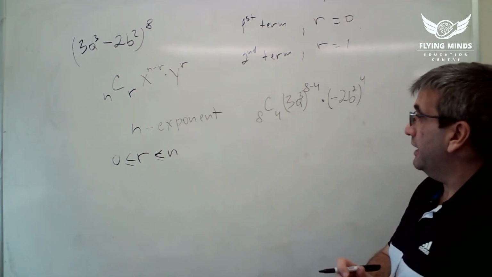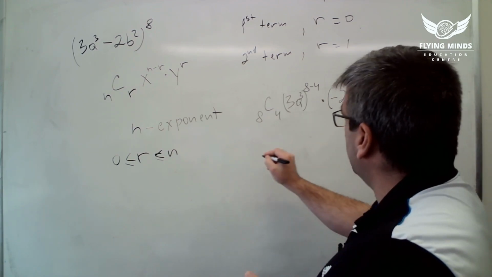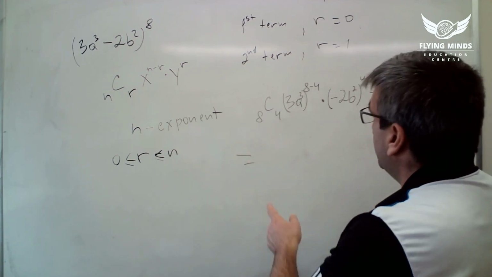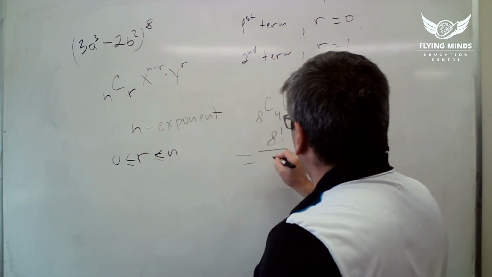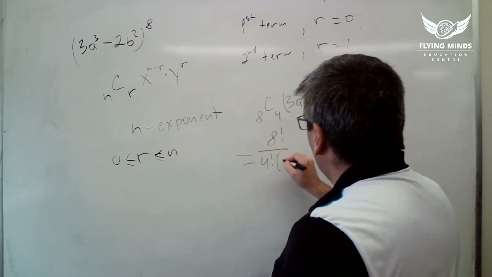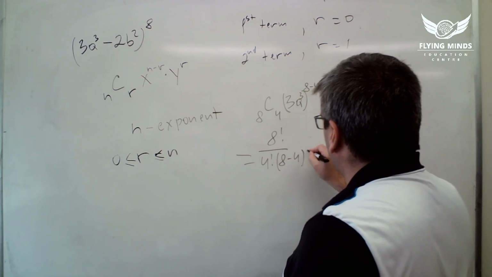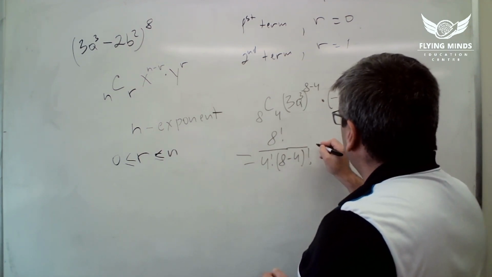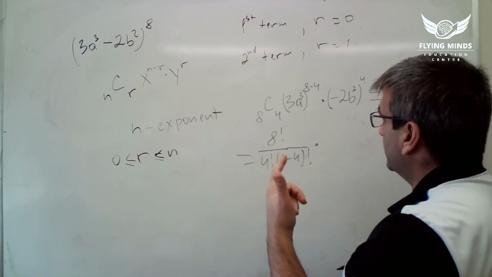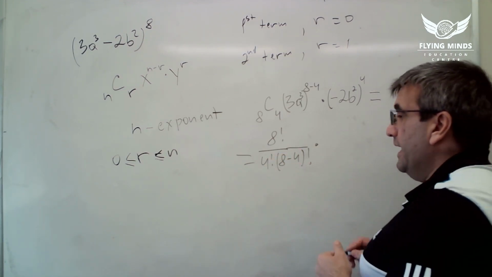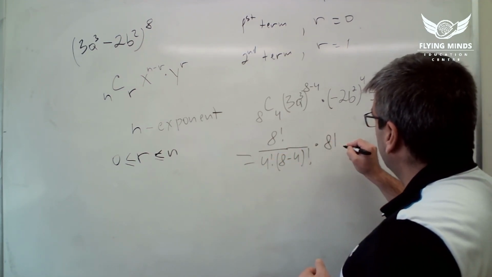And now we just need to calculate. 8 choose 4 is 8 factorial over 4 factorial over 8 minus 4 factorial, times 3 to the power of 4, which is 81.